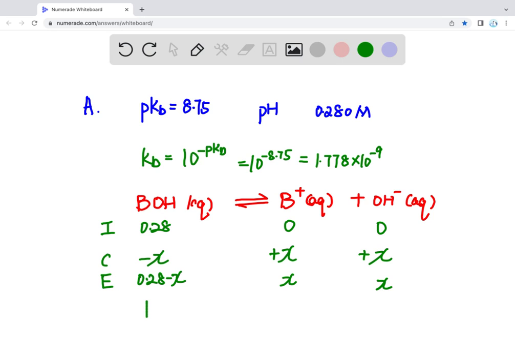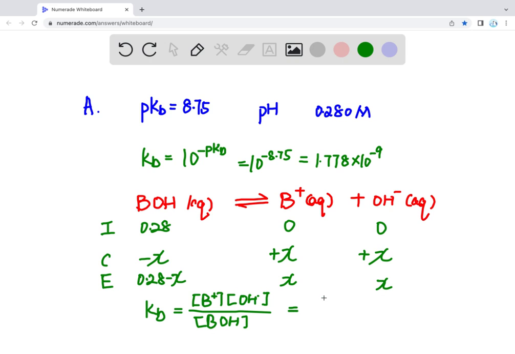So now what we can write down is the expression of the Kb here, which is the concentration of the cation times the concentration of the hydroxide, the OH minus group, over the concentration of the pyridine at the equilibrium state.